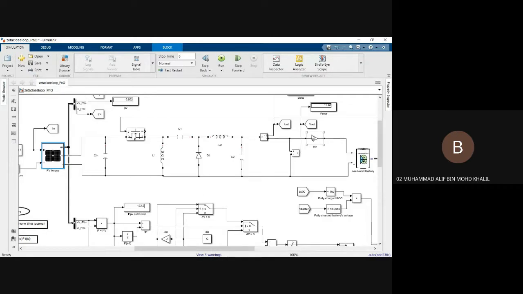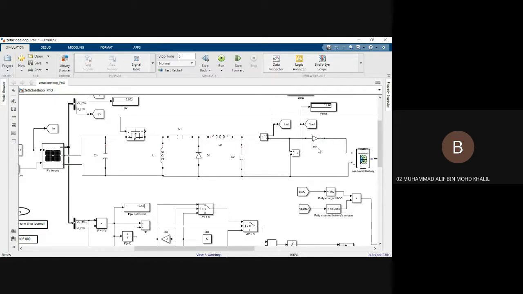So here is the whole zeta converter. The original zeta converter has these elements, which are L1, C1, L2, and C2, the diode, and also the MOSFET. The additional element is the C in, which controls the voltage of the PV module, and the diode at the output before entering the lead acid battery.